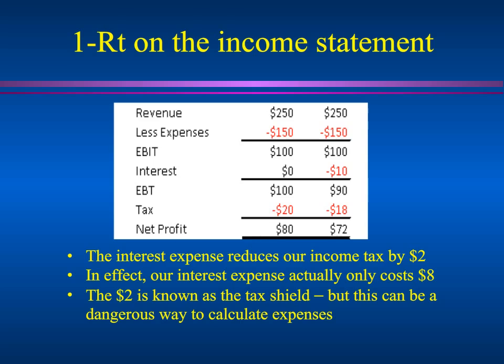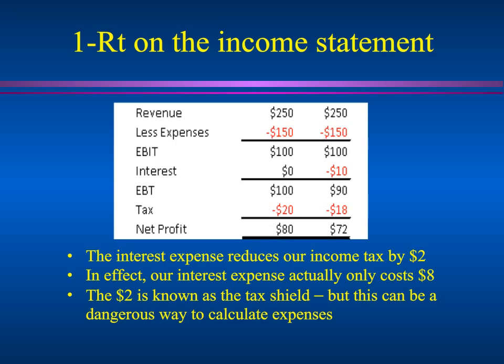Okay, simple. Now, on the right side, if we've got revenue $250 minus our expenses, we've got EBIT of $100, and we've got a $10 interest bill, that means our earnings before taxes are $90. So if our taxes are 20%, on the $90 we pay $18, and our net profit's $72.